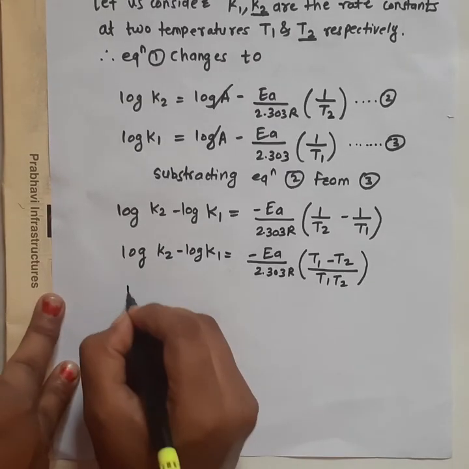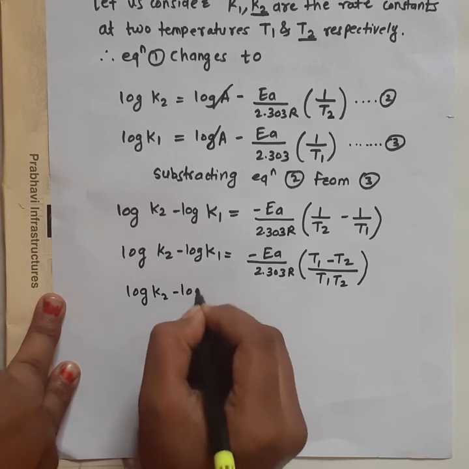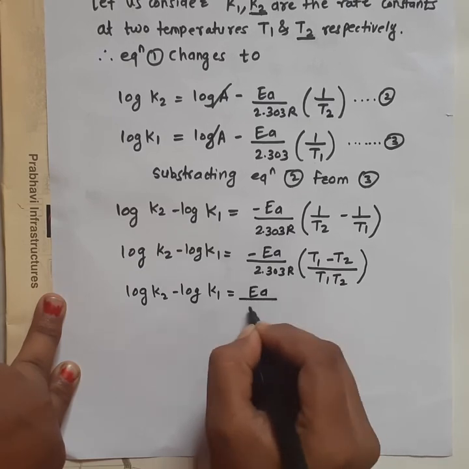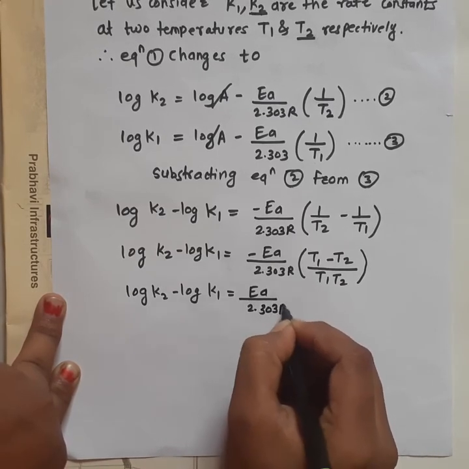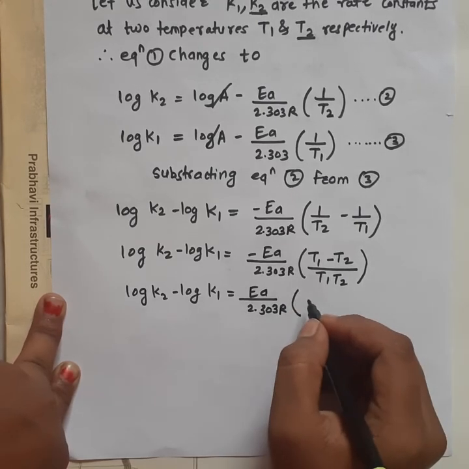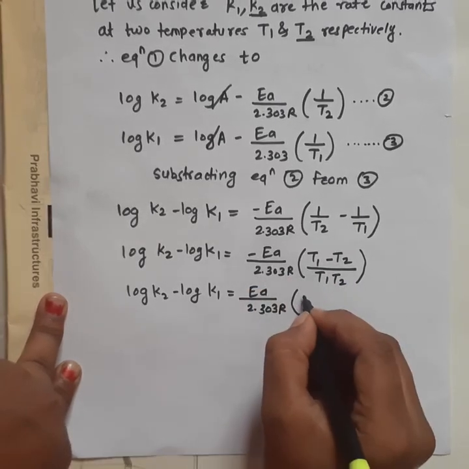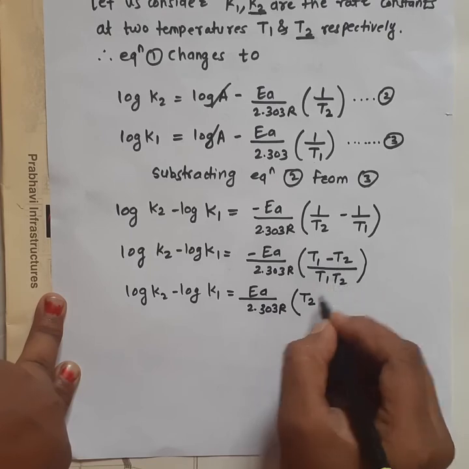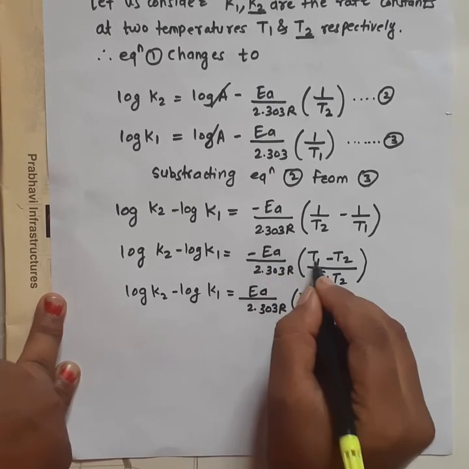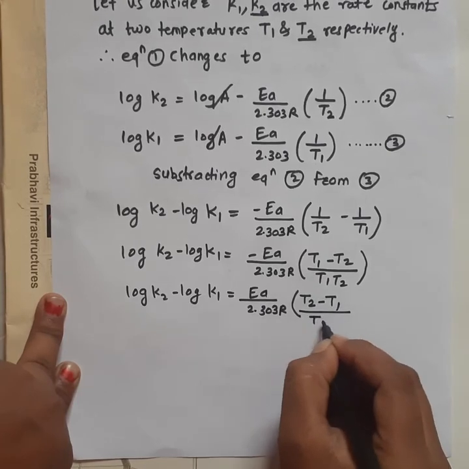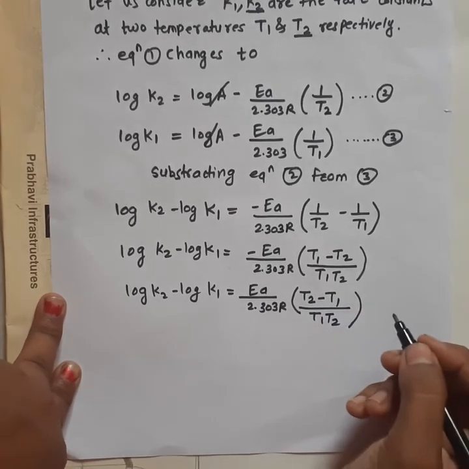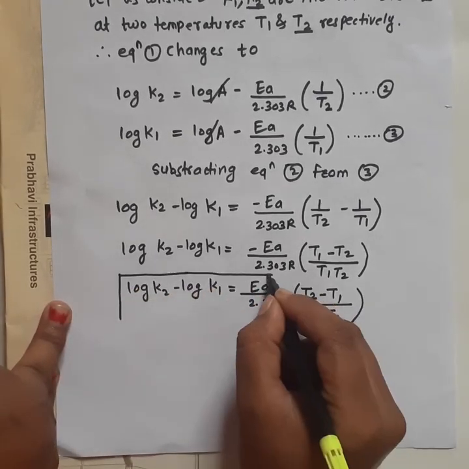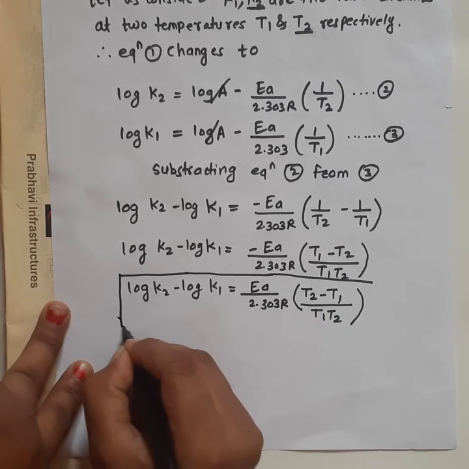This minus is multiplied here, therefore the sign changes, and we get log K2 by K1 is equal to EA upon 2.303 R into T2 minus T1 divided by T1 T2. This is the equation to determine energy of activation by the analytical method.